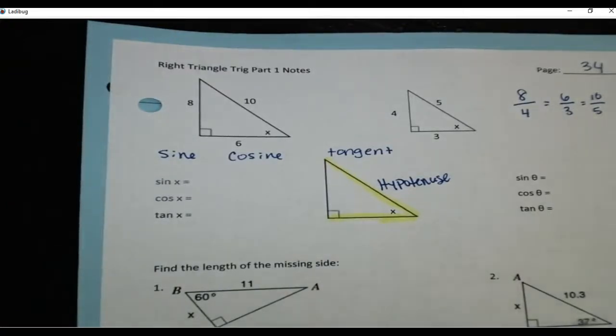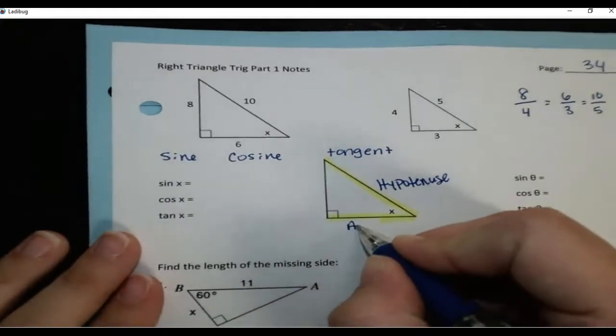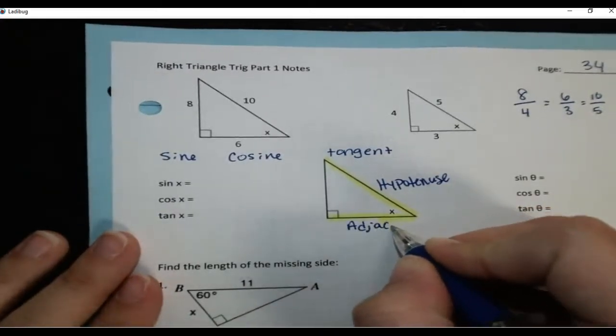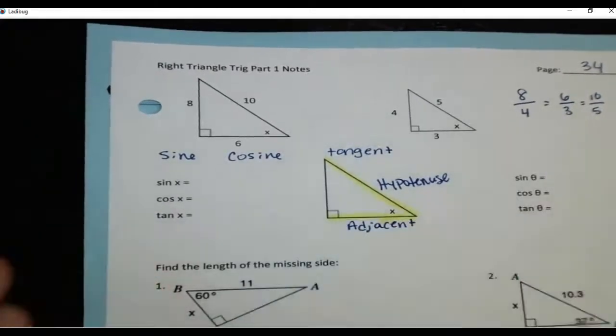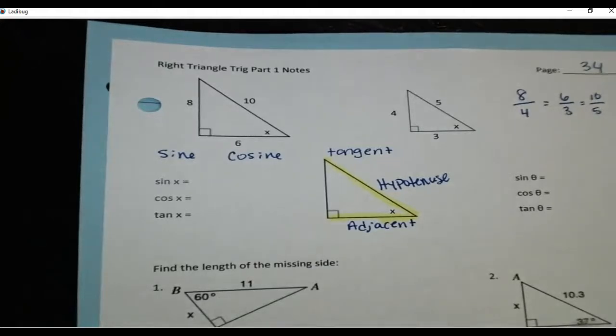Now, the other highlighted side is your adjacent side. What does adjacent mean? Next to. So your angle is always going to be between the hypotenuse and the adjacent.